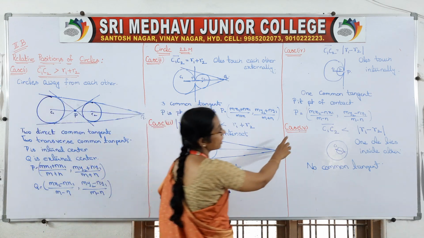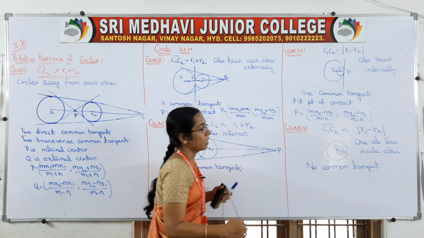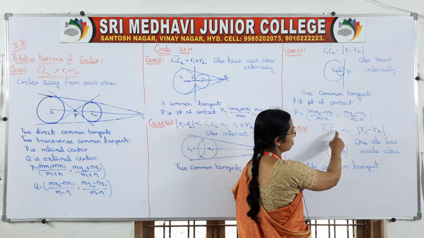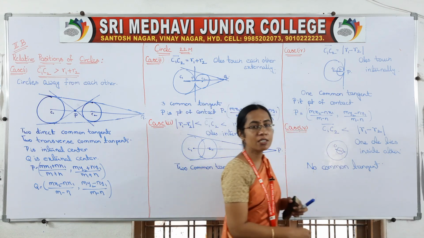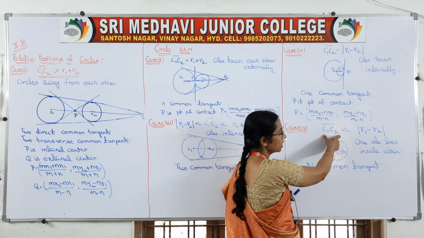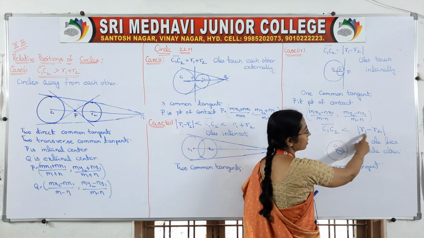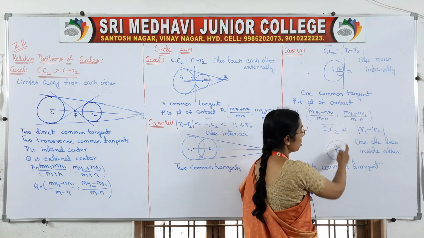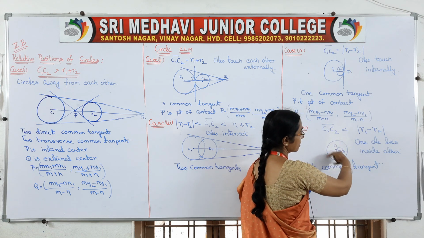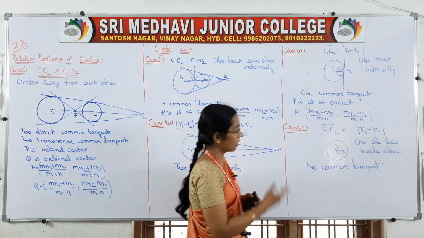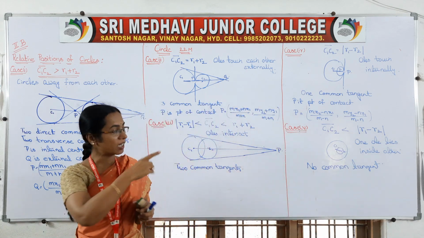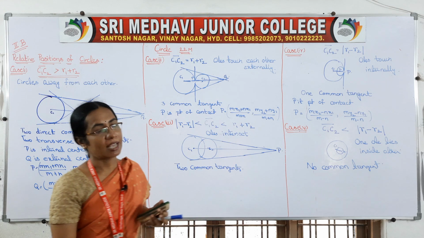Now come to case 5. Case 5 is if the distance between C1 and C2 is less than modulus of R1 minus R2. One circle lies inside the other circle, then there is no possibility to draw a common tangent.